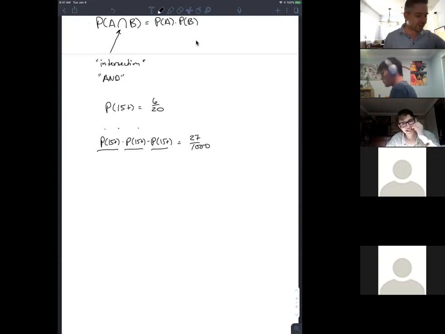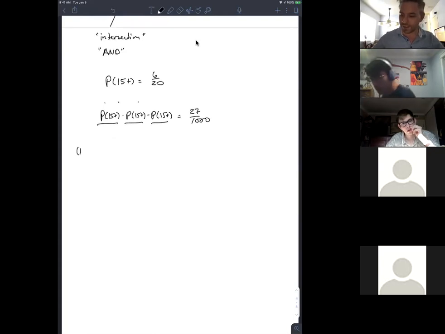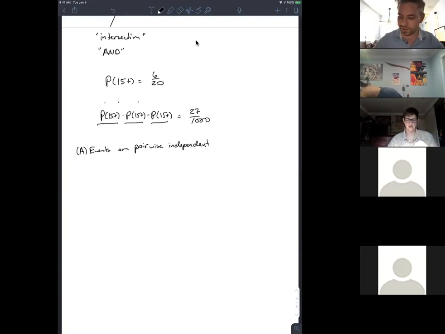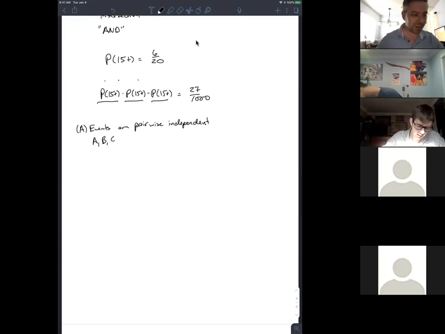Okay, now we're out of time. I just want to write down a couple more things, and then we'll be done. So events are pairwise independent. In other words, if I have 3 events, A, B, and C, then they are pairwise independent.